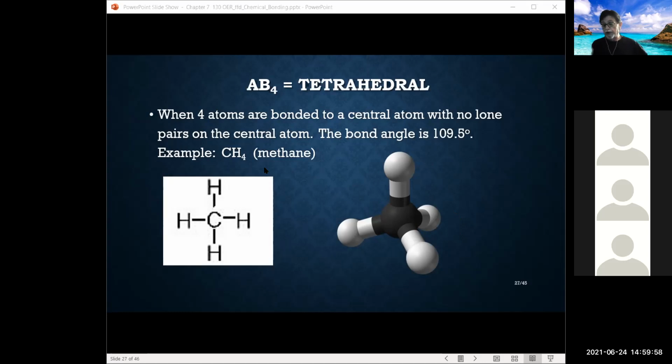Butane, if you have a lighter, and if you did some cookout, you probably used some propane. That's a hydrocarbon too, made up of nothing but carbon and hydrogen. The bond angle here is 109.5. Generally, that's our reference bond angle. A lot of things have that particular bond angle.